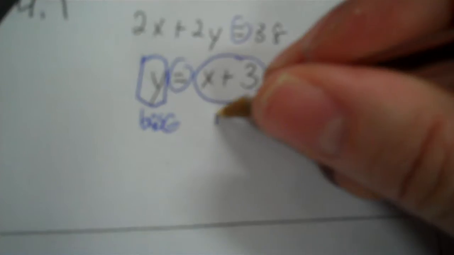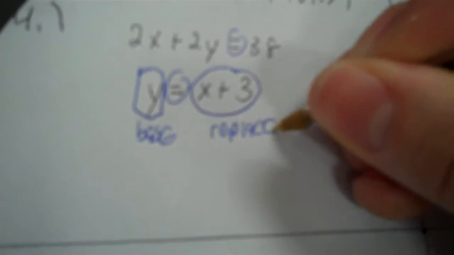Okay, now we solve by substitution, so now you're finding it without graphing, okay? So, x, y. Okay, circle your letters, and you have a letter by itself. Now that could be x or y, that's known as your base, and then on the other side, that expression, that's called the replace.